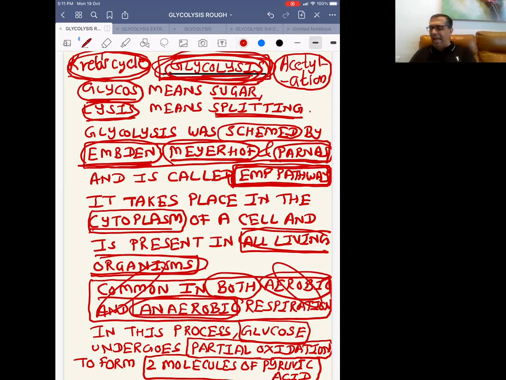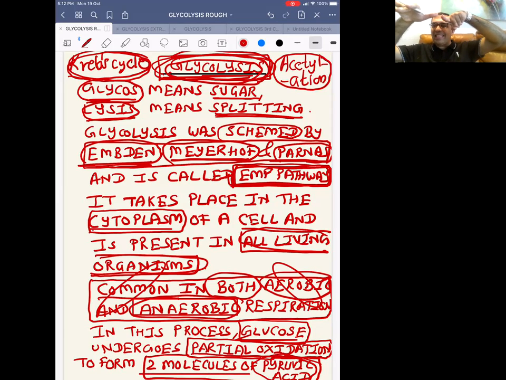What is the essence of glycolysis? In this process called glycolysis, glucose, C6H12O6, undergoes partial oxidation. ग्लूकोज पूरा नहीं टूटता है ग्लाइकोलाइसिस में, पार्शियली टूटता है and forms two molecules of a chemical called pyruvic acid, 3 carbon pyruvic acid. तो ग्लूकोज 6 कार्बन का है and glycolysis means breaking of glucose.